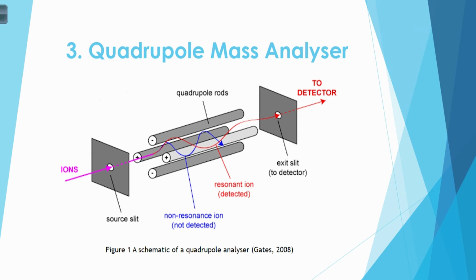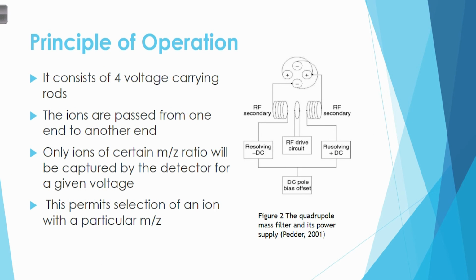The third type of mass analyzer is the quadrupole mass analyzer. As the name implies, it consists of 4 cylindrical rods which are set parallel to each other. As shown in the figure on the right, the combination of radio frequency and direct current voltage creates a region of strong focusing and selectivity known as a hyperbolic field.